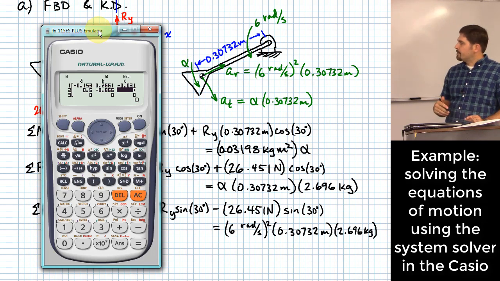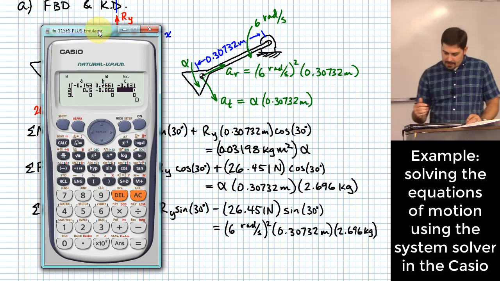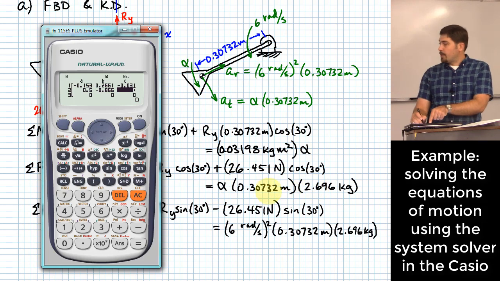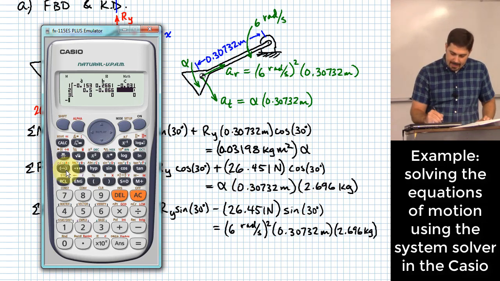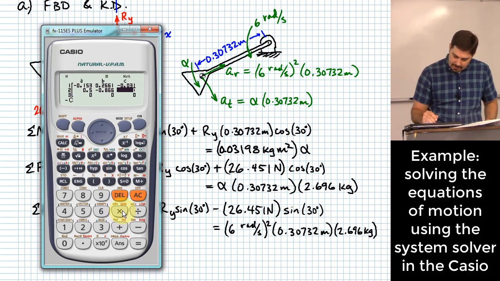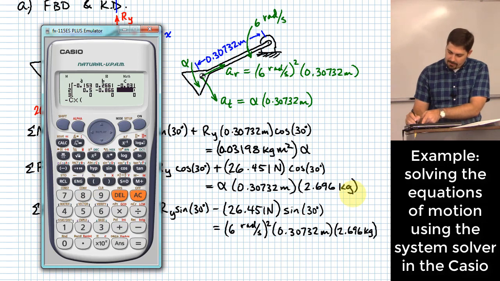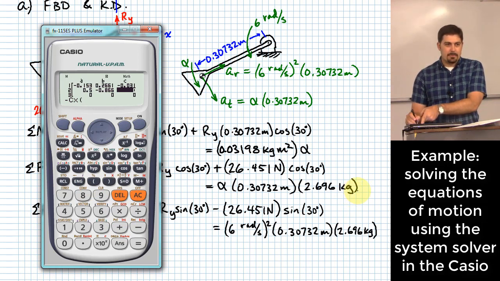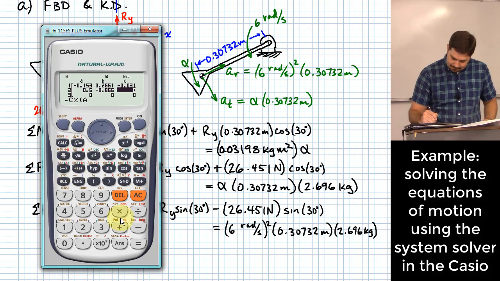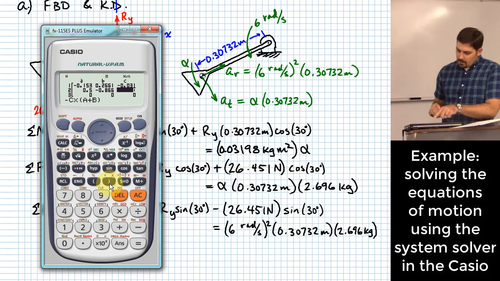To get it, I take what I have stored in C, and again the sign changes when I move to the other side, so I'll put negative what I have stored in C times the sum of A and B. That's the sum of the two masses of the rod and the cone.